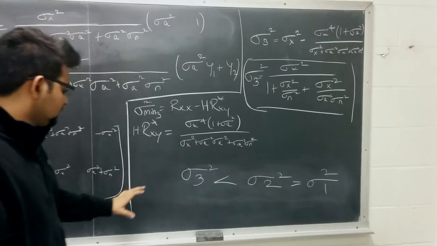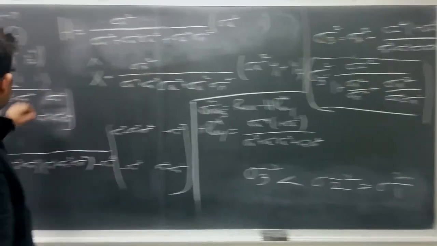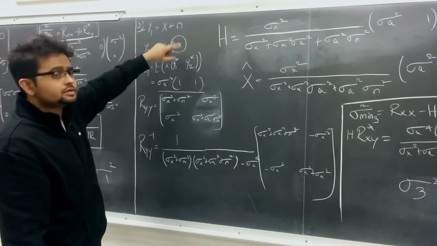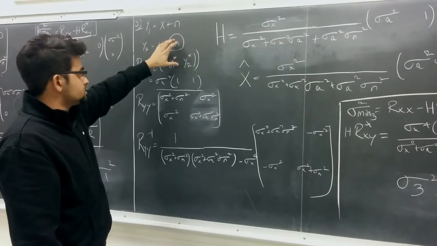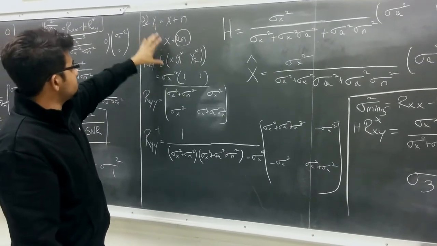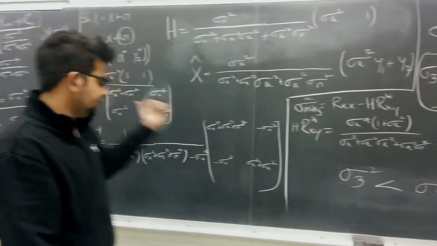We can see that from the given data, y1 is x plus n, and y2 is also x plus more distorted noise. Even though it is having distorted noise, intuition says that this will have fewer errors than the previous data.